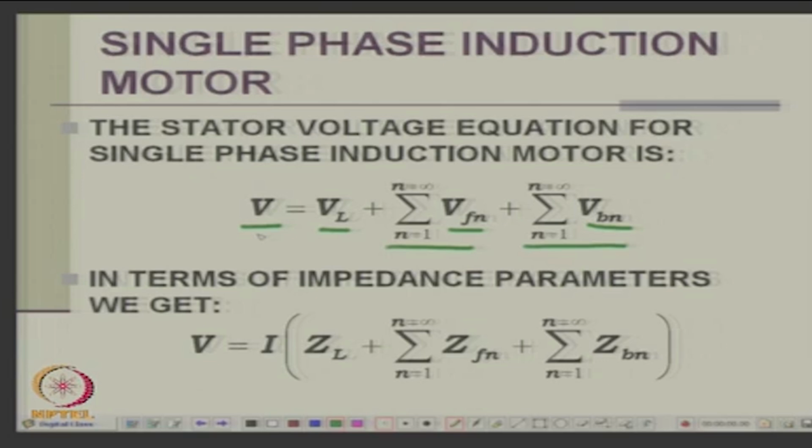Because it is the sum of the voltages, you can consider this as the sum of the voltages. That is represented by ZL, because you take out I, and let us say ZFN is the forward impedance and ZBN is the backward impedance.